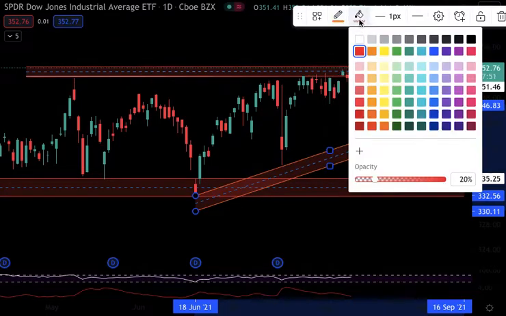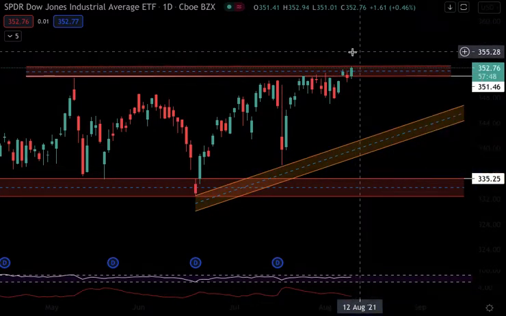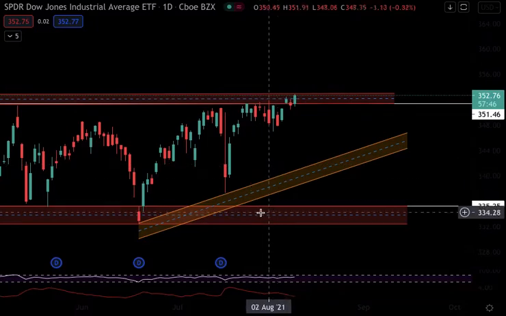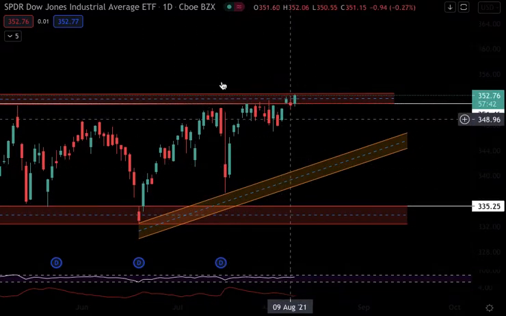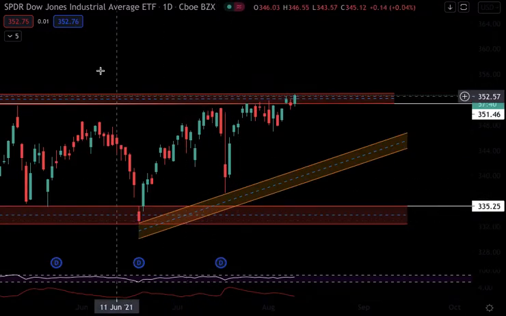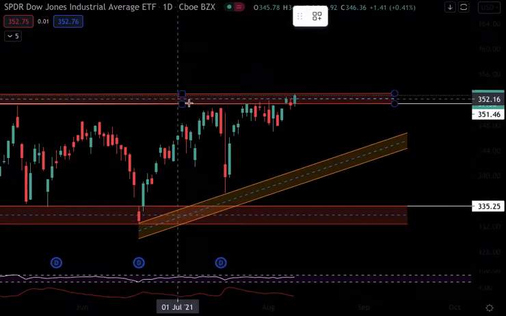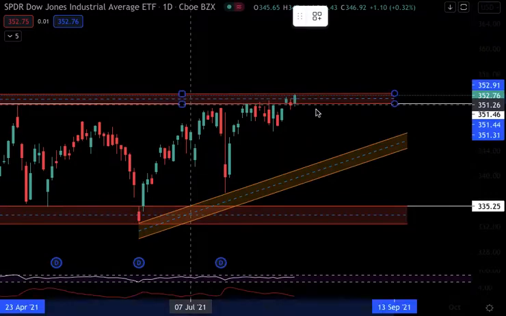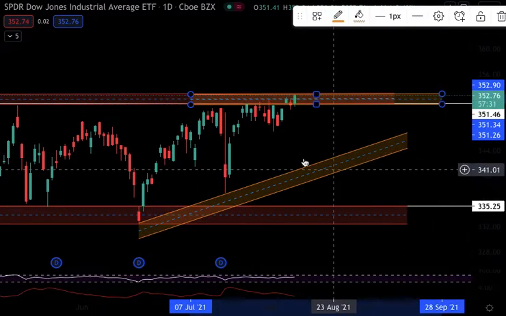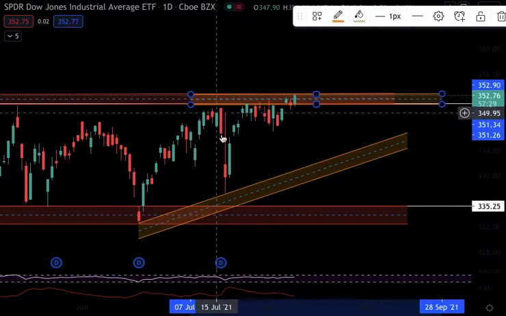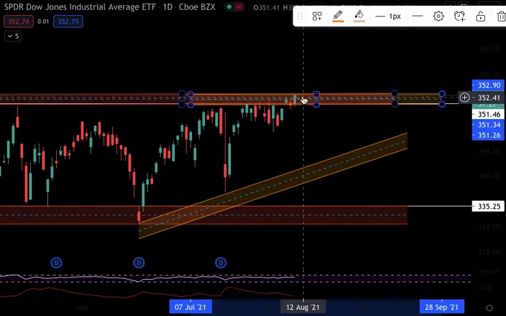I'll put it to orange. Okay, so we got a pattern here, some type of triangle pattern, an ascending triangle, of course, right? We have an ascending triangle, but obviously it's starting to break out.